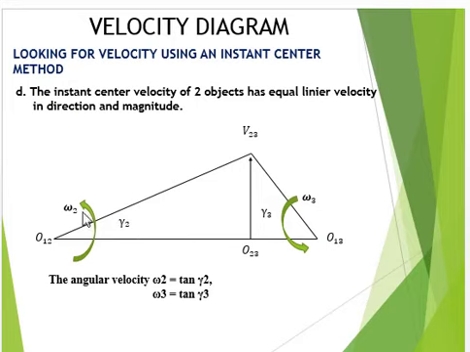Thus, the angular velocity omega 2 is equal to tangent gamma 2, and likewise omega 3 is equal to tangent gamma 3. Based on the basic principle, through the instant center of velocity, we can find the angular velocity of its object.